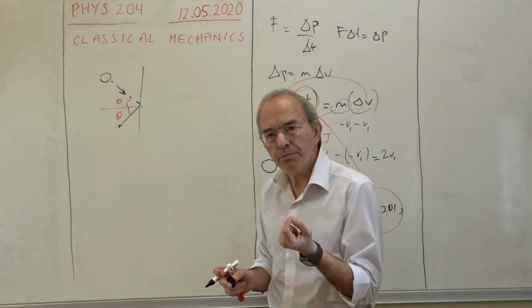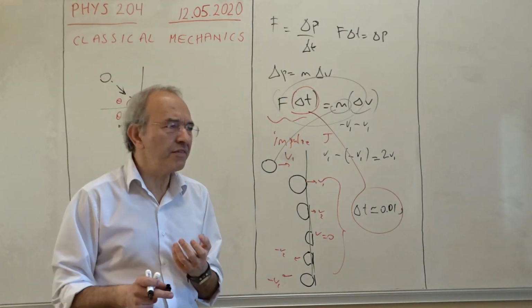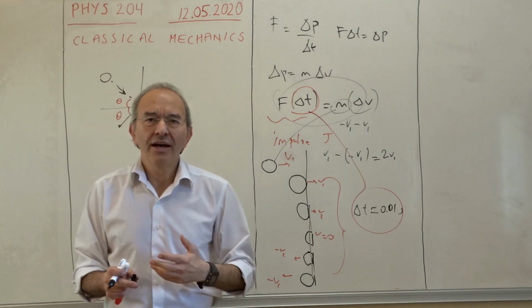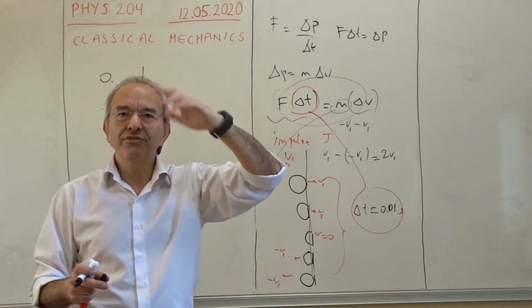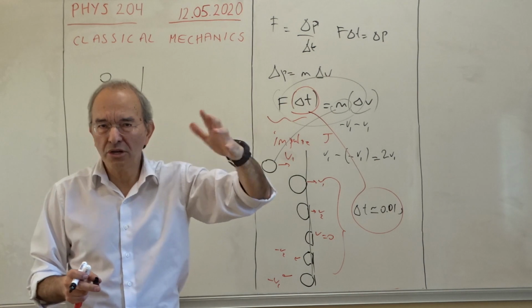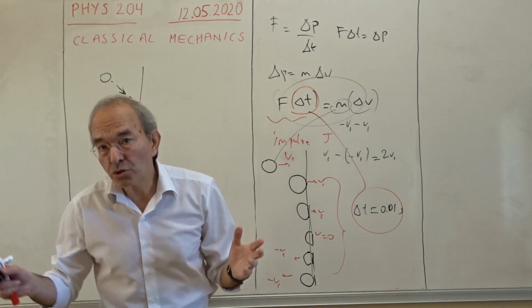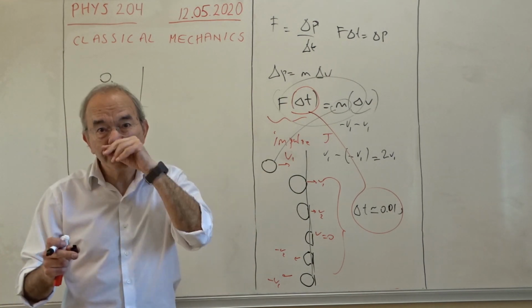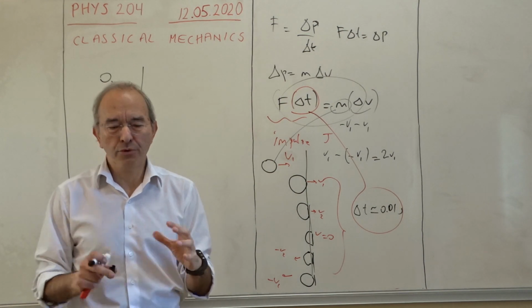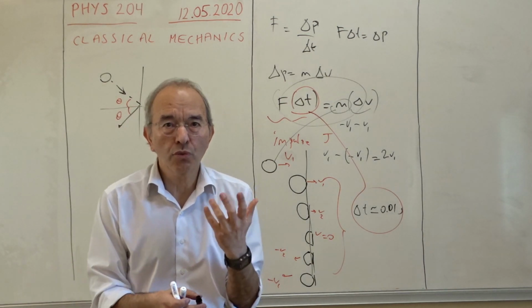Of course, these molecules are very tiny particles, having a mass of 10 to the minus 25, 27, whatever, kilograms. But the number is huge. The number is very, very high. Number of particles per unit volume is quite high.